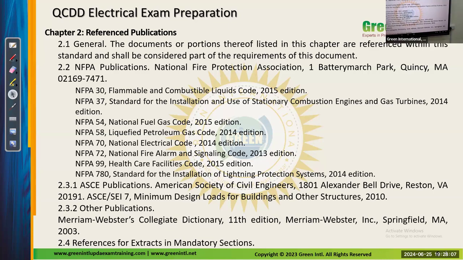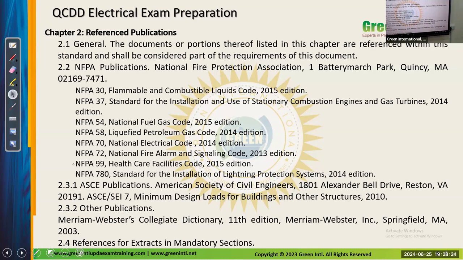For example, NFPA 54, the National Fuel Gas Code, because here we have a fuel tank. The fuel is mostly diesel, but sometimes instead of liquid diesel we go for gas fuel also. That's why we refer to these standards. And see NFPA 99, healthcare facilities, because this question is frequently asked in the exam.